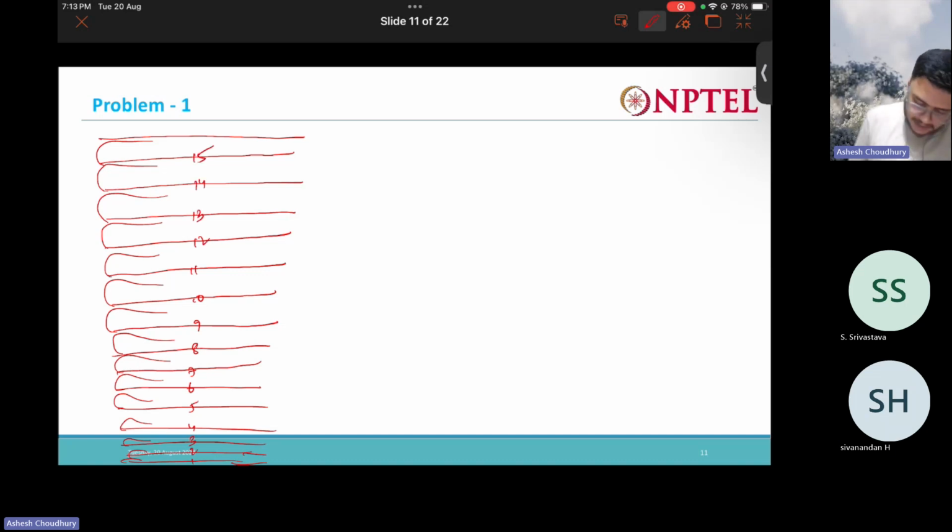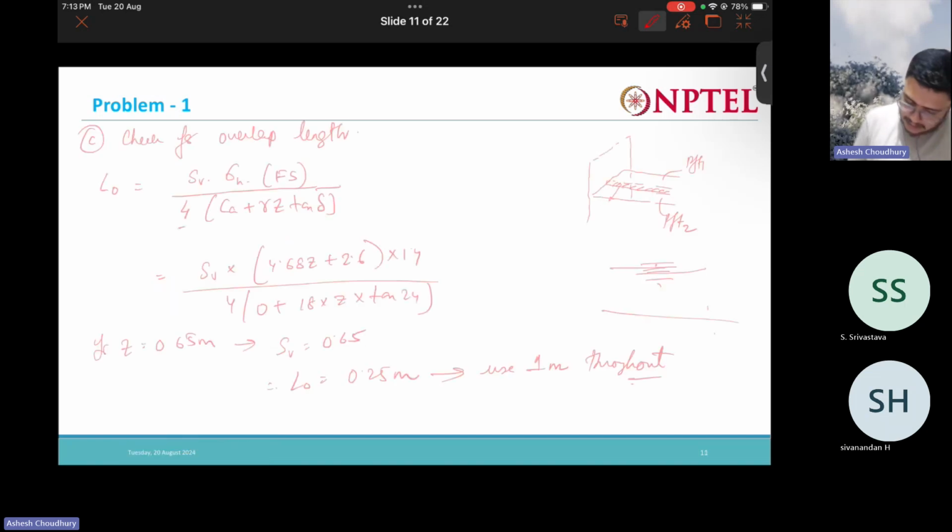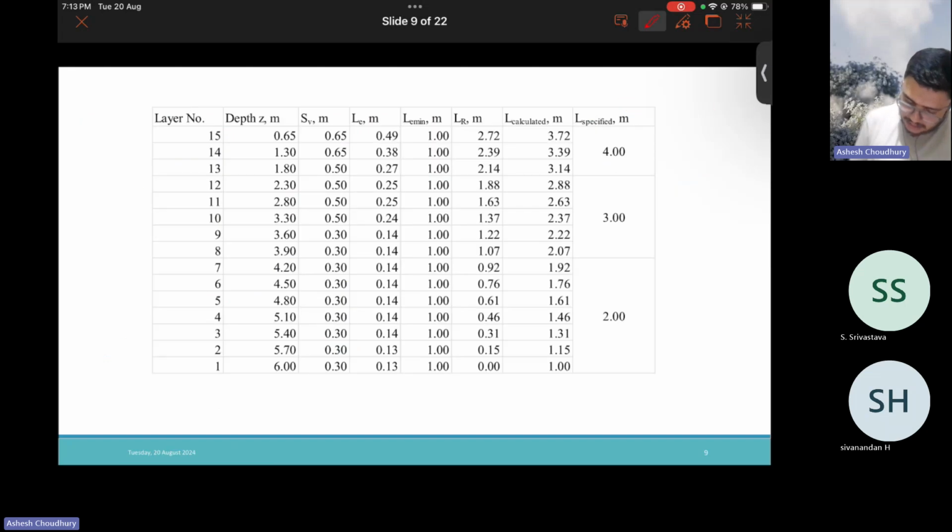Now the top layers, the 15th and 14th layer, what is the length? 4 meter. Okay, not just those: the 15th, 14th and 13th layers have 4 meter length.